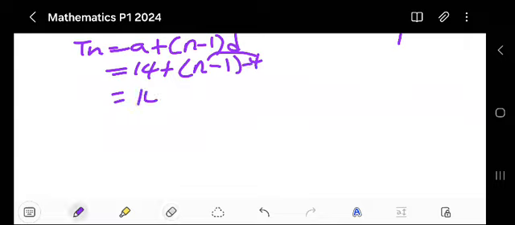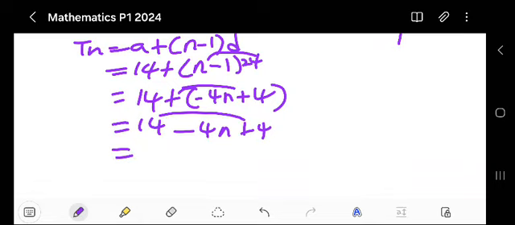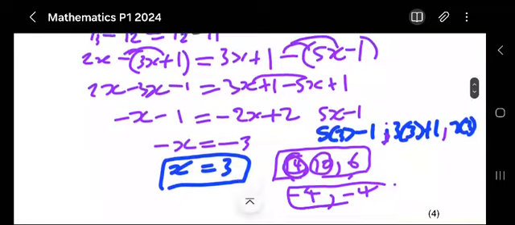Multiply there will be 14, minus will be minus 4, and multiply there will be plus 4. So this is the same as 14 plus 14 minus 4 and plus that. When you add these two, you'll have 18 minus 4n. So yeah, let me check here guys what I've done.